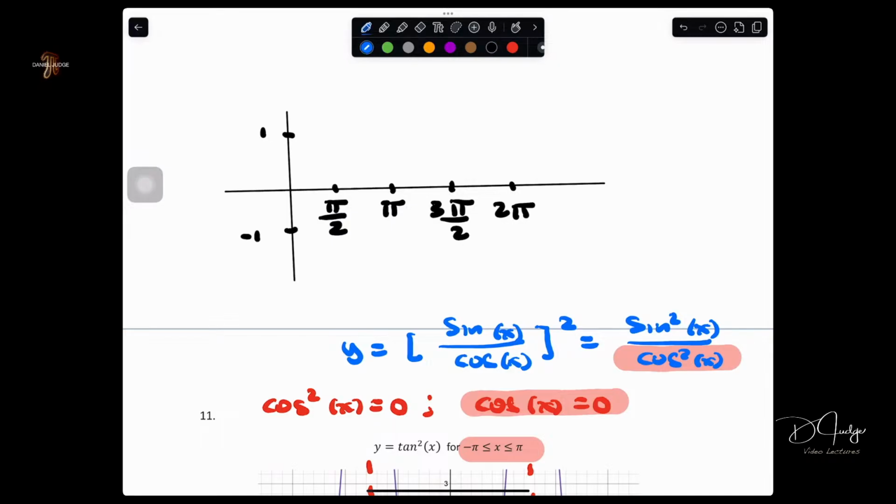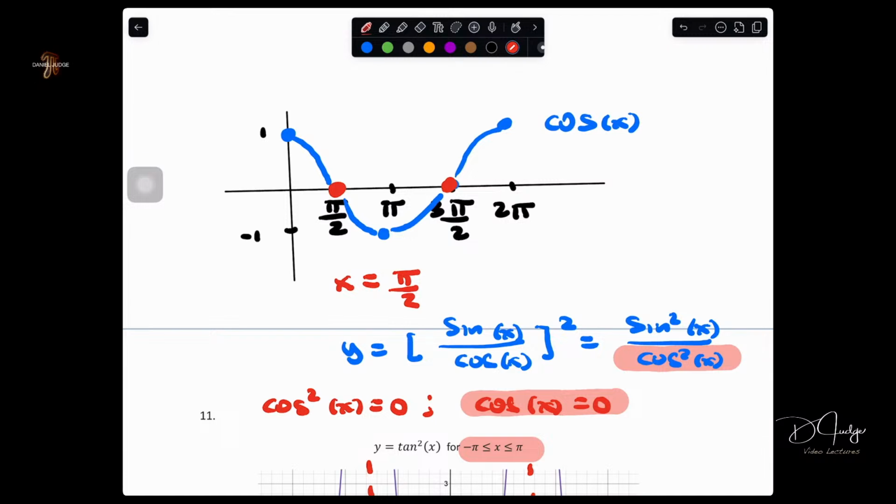Now, cosine starts at the highest value, goes to an intercept, lowest value, back at the intercept. So this is one cycle of cosine. This is the cosine curve. I'm looking for where cosine is 0, so I'm looking for the intercepts. Cosine is 0 here and here. So cosine is 0 at x is pi over 2.